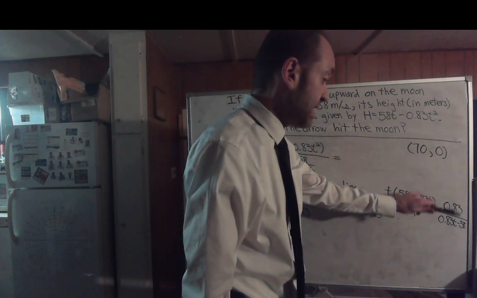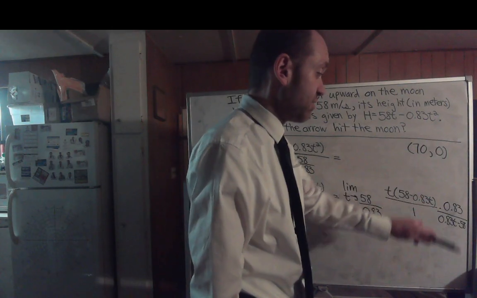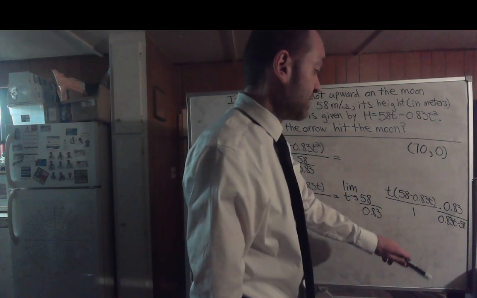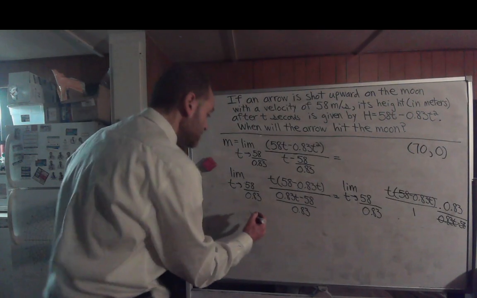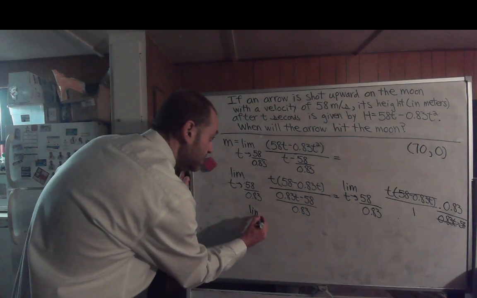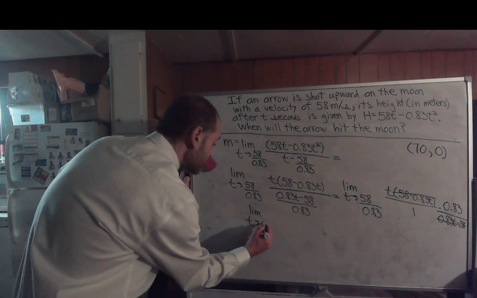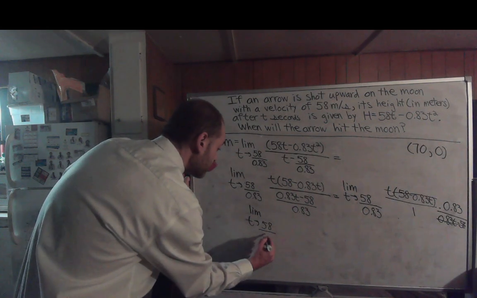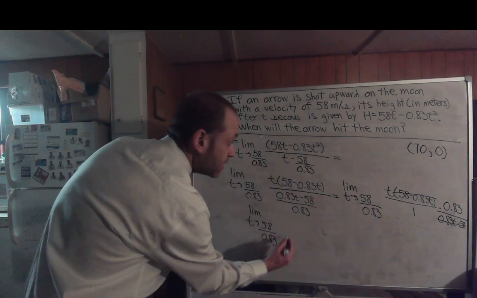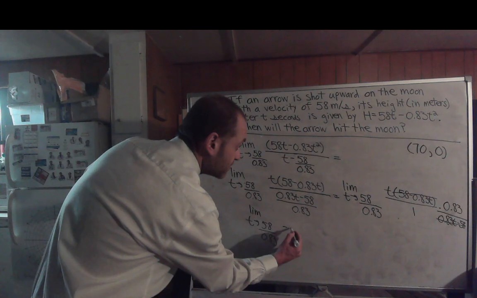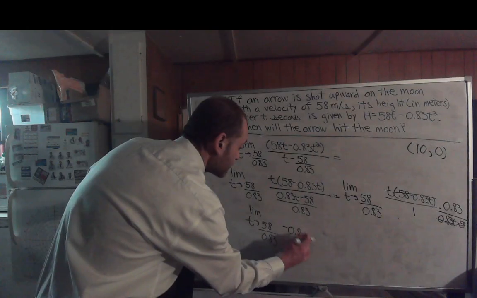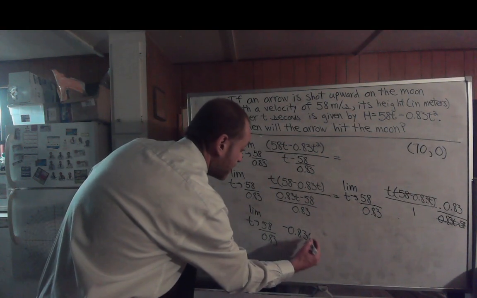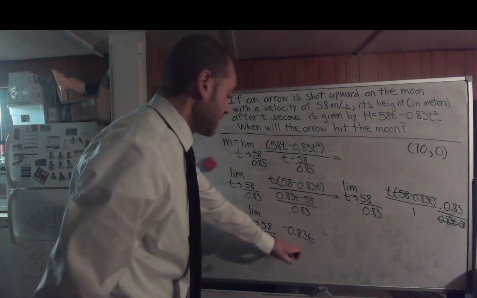If we pull out a negative 1 from 58 minus 0.83t, this would turn into what's in the denominator and they would cancel out. So what you're going to have here is the limit as t approaches 58 over 0.83 of negative 0.83t divided by 1, or just negative 0.83t.